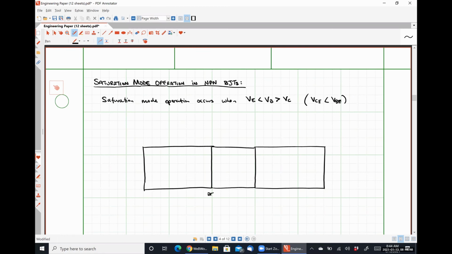Here is our base emitter junction. Here is our base collector junction. Here's our current IB. Here's our current IC. Here's our current IE.